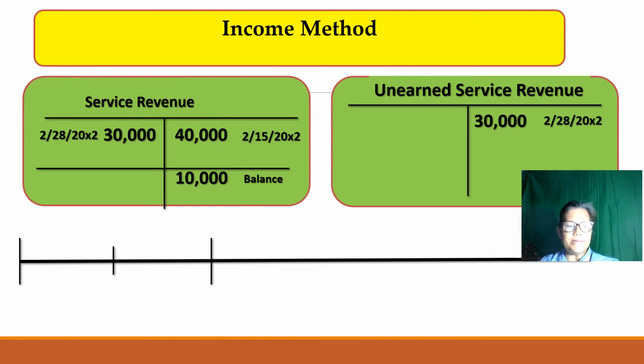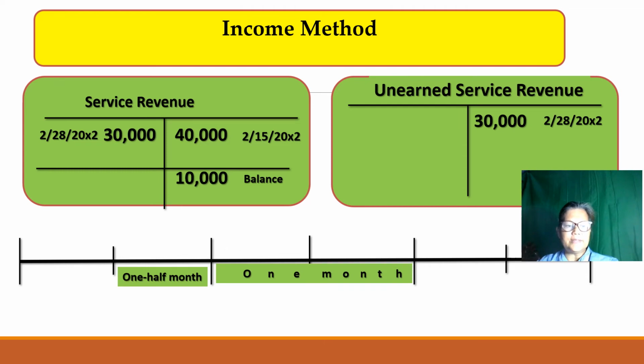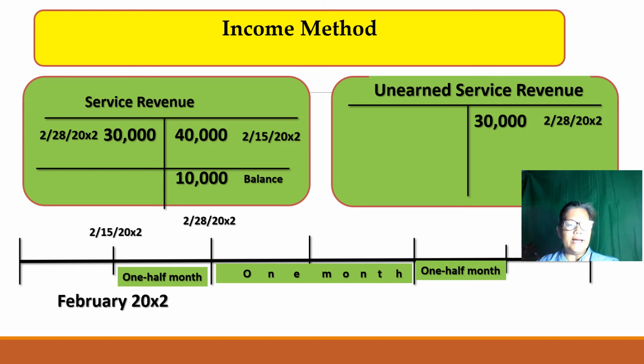Then, let me show you the illustration. Okay. So, February 15, 2020 until February 28 is considered 1/2 month. That's why the amount is 10,000.